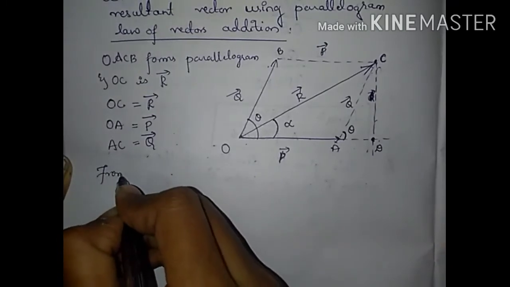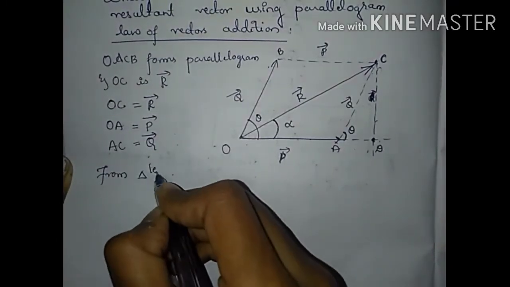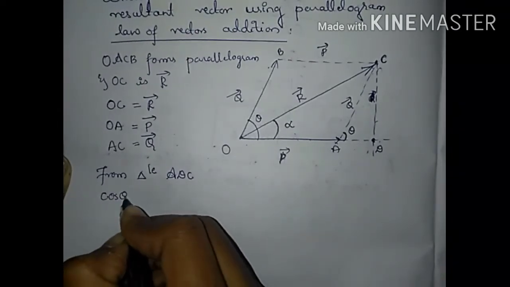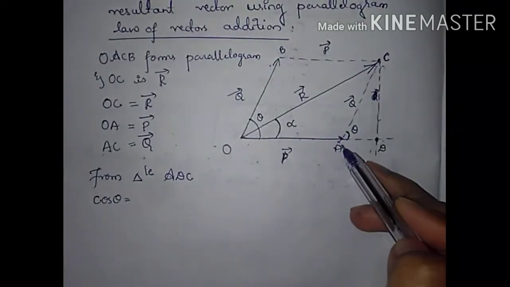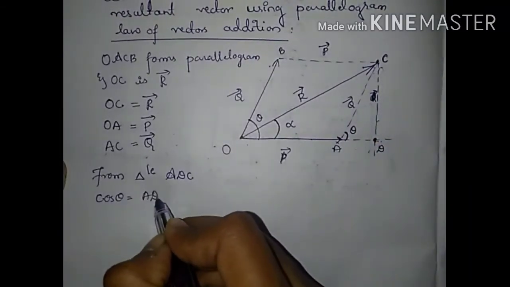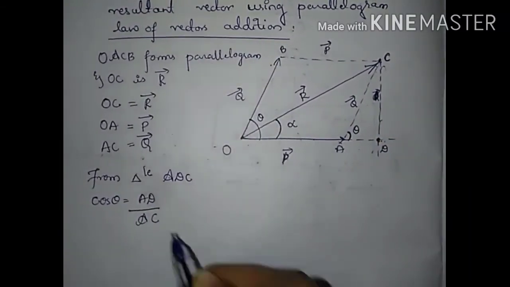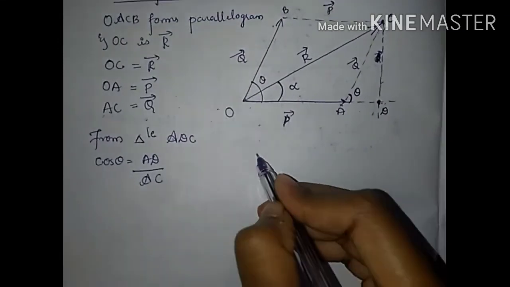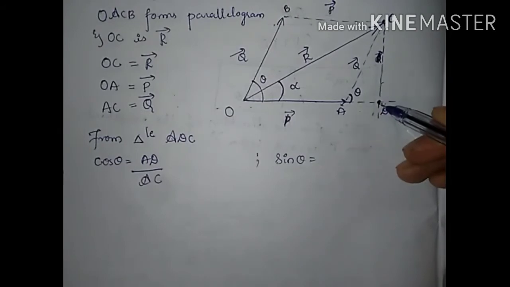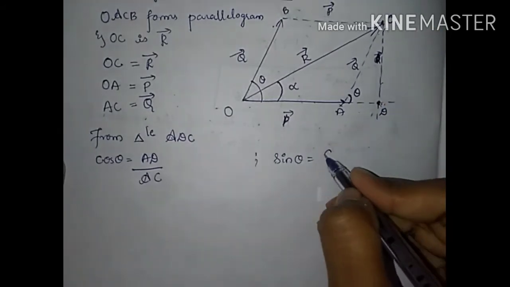So from triangle ADC, cos theta will be AD divided by AC, and sin theta will be CD divided by AC.